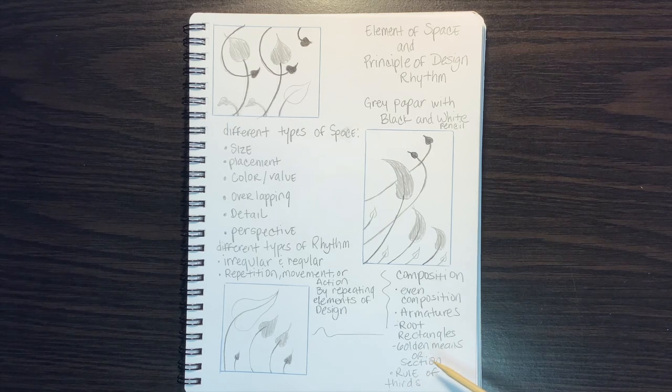Golden means, golden sections, golden root, even the rule of thirds are very consistent. Most young artists know these as some type of composition structure. Root rectangles are probably a little bit new, because that deals with a little more geometry, but over time root rectangles end up being the rule of thirds, because you're dealing with a lot of rectangles within a space.